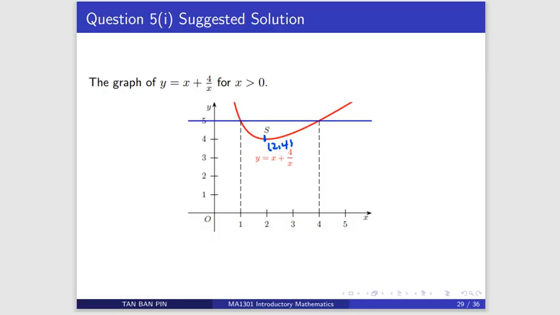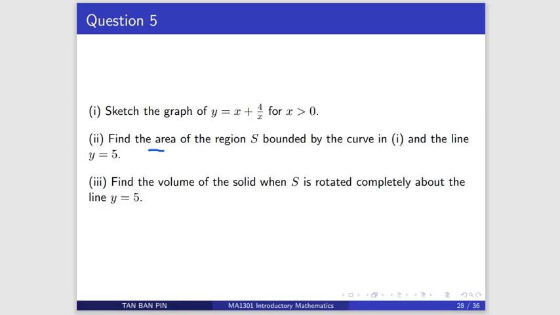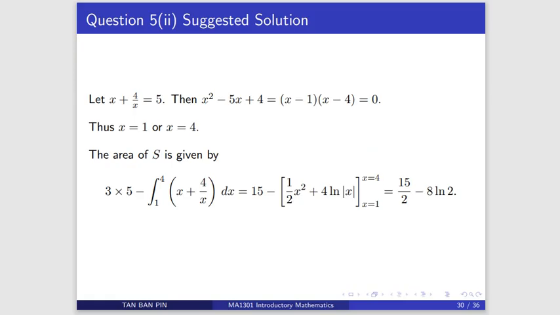Then you can look at the question. You want to find the area of the region S bounded by the curve y equal to x plus 4 over x and the line y equal to 5. So you consider x plus 4 over x equal to 5.